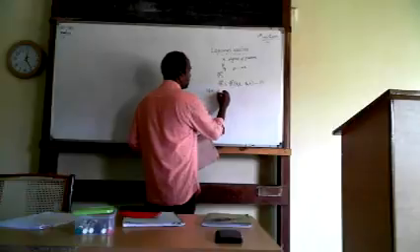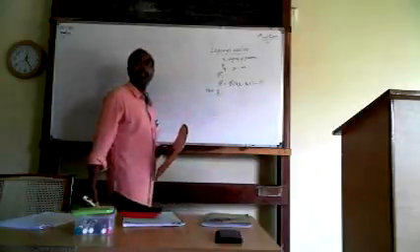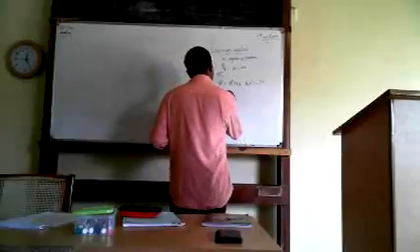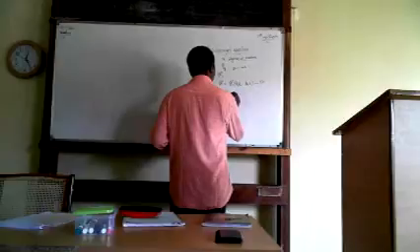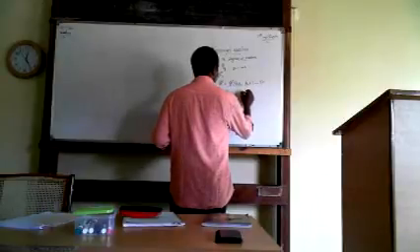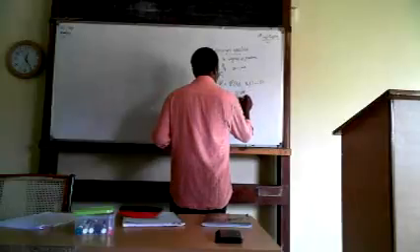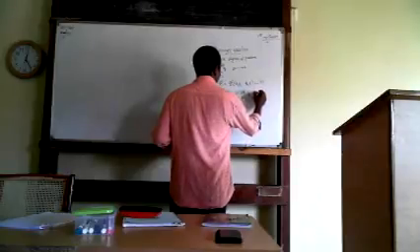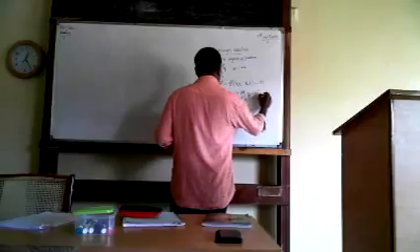Now, v_i, the time derivative of r_i, or r_i dot, can be written as sigma j of rho r_i by rho q_j times q_j dot plus rho r_i by rho t.